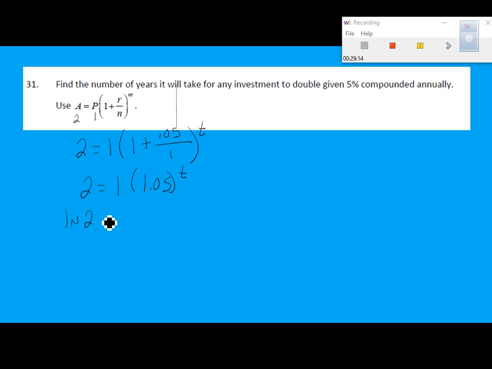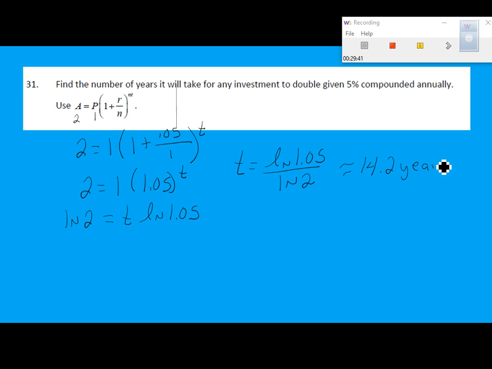So I've got the natural log of 2 equal t times the natural log of 1.05. If I solve this thing for t, I've got the natural log of 2 over the natural log of 1.05. And if you run that through your calculator, you should get about 14.2 years.